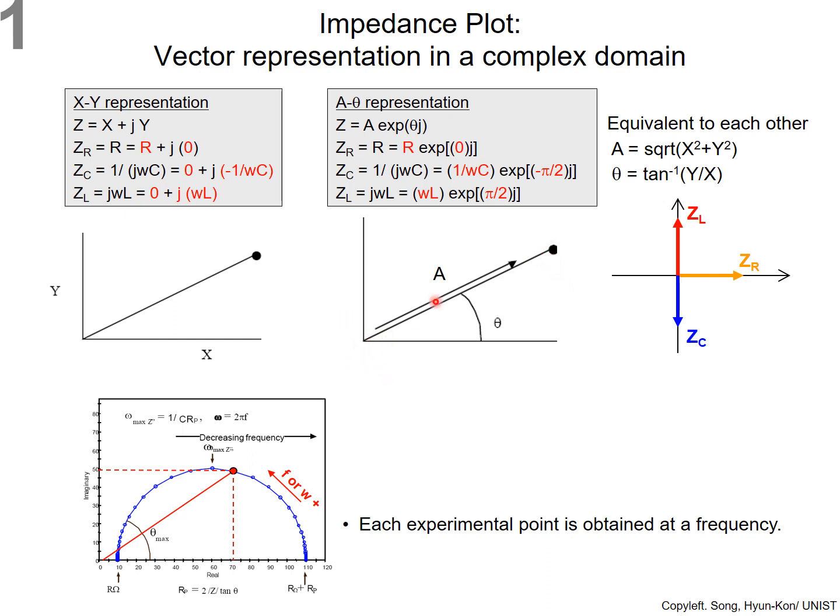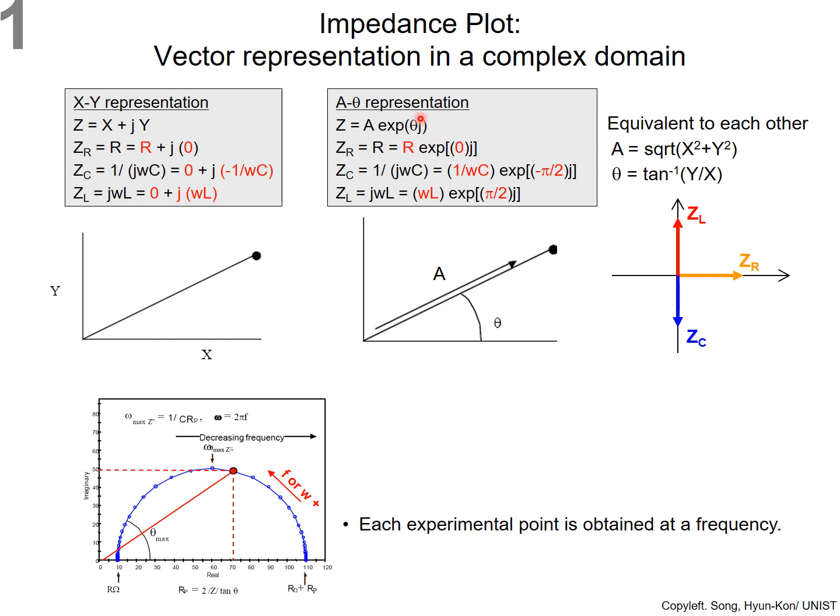The amplitude is A and its phase angle is theta. So by using A and theta instead of x and y, we could describe any point in the Cartesian coordinate of a complex domain. So Z is the amplitude A with the exponential of theta j.